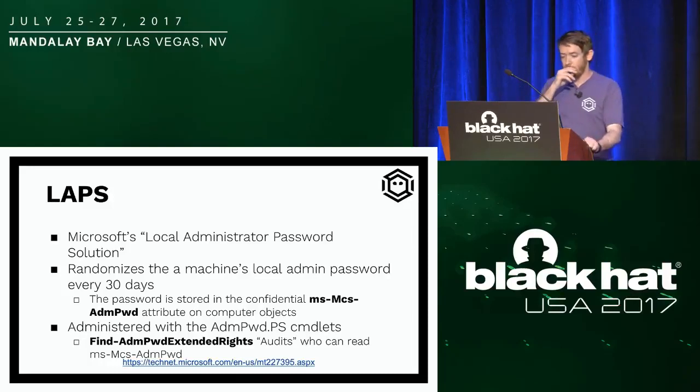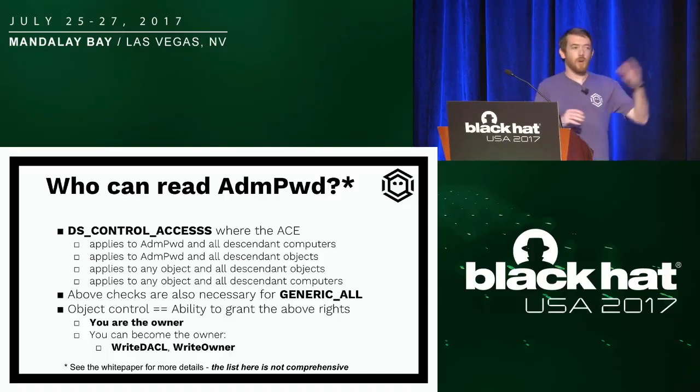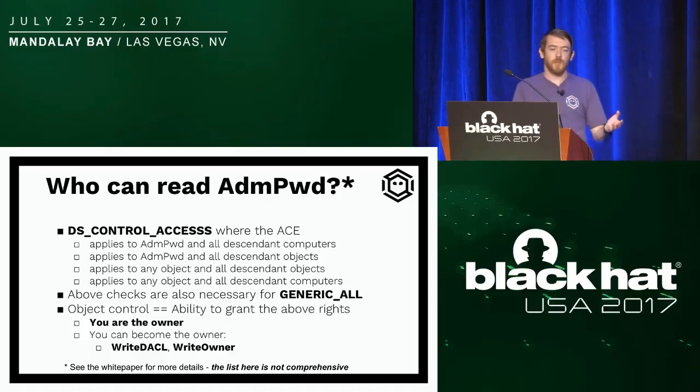So the problem is this commandlet was built to enumerate the typical ways these rights are delegated through normal processes in Active Directory, which makes sense. It was not meant as a security audit type protection. It was meant as, oh, you ran through normal delegation for LAPS and you found, OK, here's who you actually delegated to.